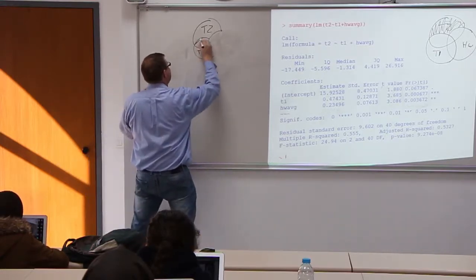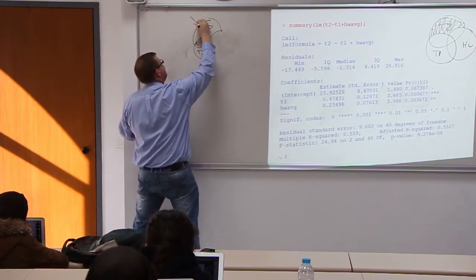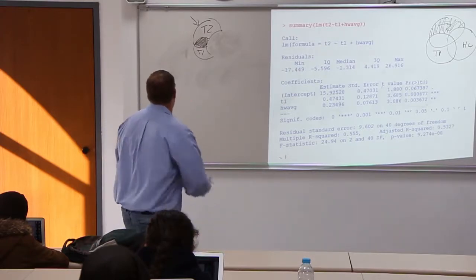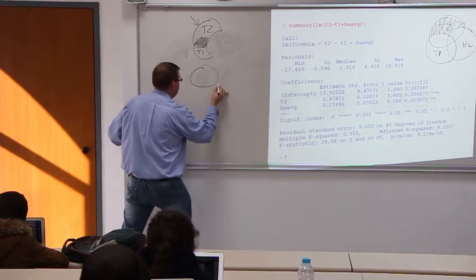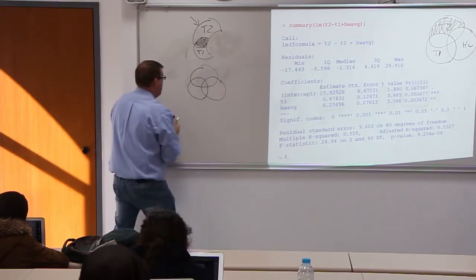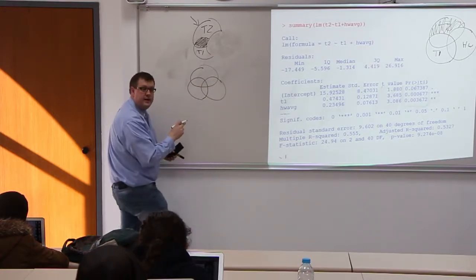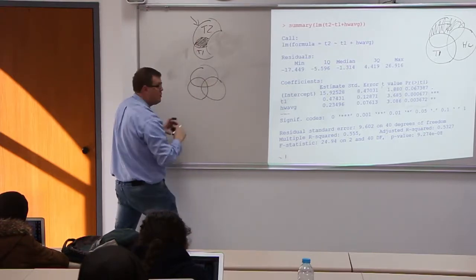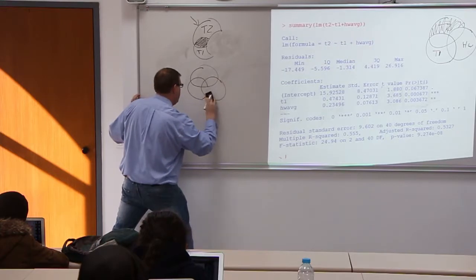So we find this as it's related to what's left over, what part of the T2 hasn't been explained. When we were doing the semi-partial, what we did is we ended up getting rid of the variance only in T1 that was associated with our homework average.